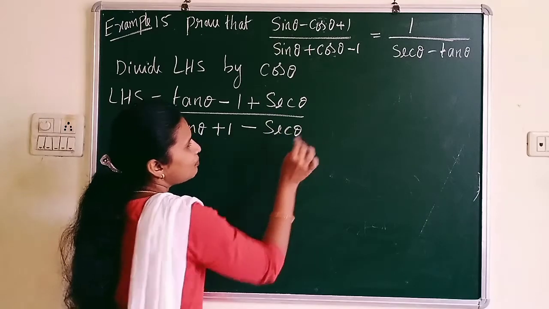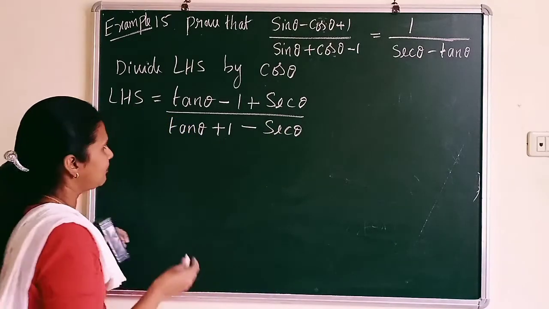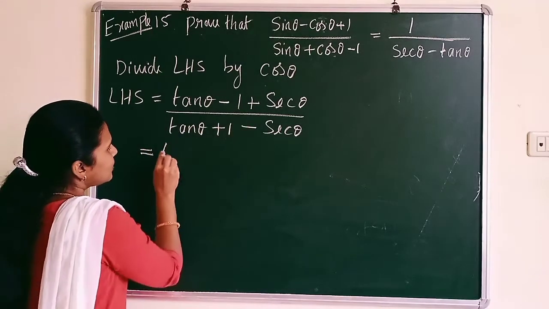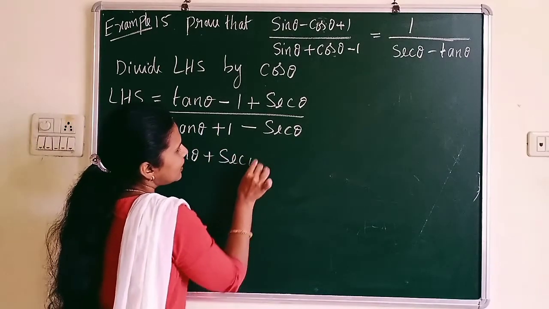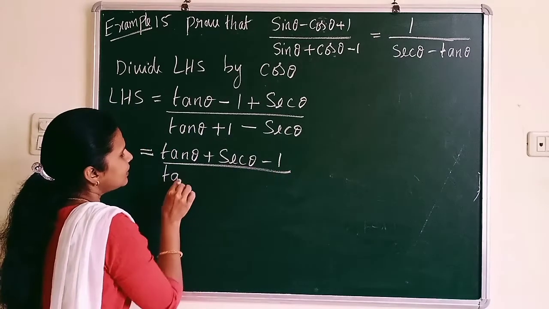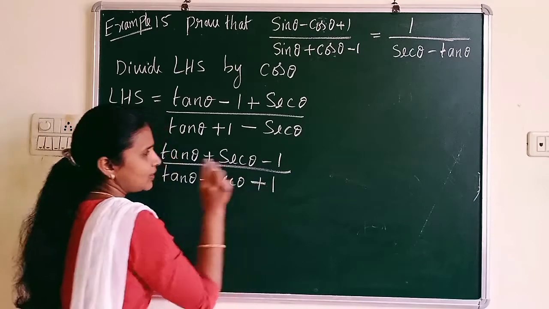As you can compare the previous question and this question, the procedure is almost the same. Again you write this 1 at the last. So tan theta plus secant theta minus 1 divided by tan theta minus secant theta plus 1.